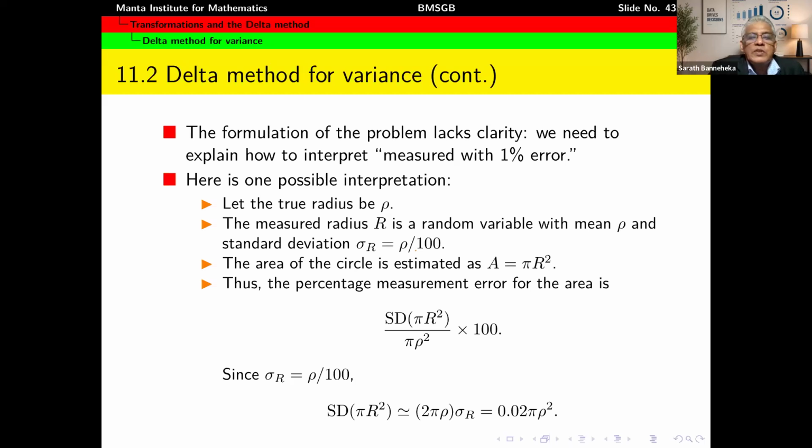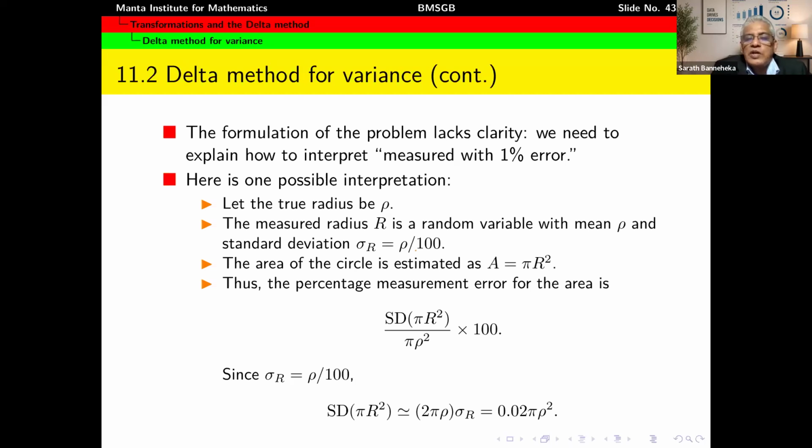Therefore, if you want to get the percentage measurement error for the area, and if you take the error to be the standard deviation, what we are interested in is the standard deviation of A divided by the actual area, which is unknown, times 100, right? This will be the error relative to the actual area, times 100 will give you the error percentage in that case.